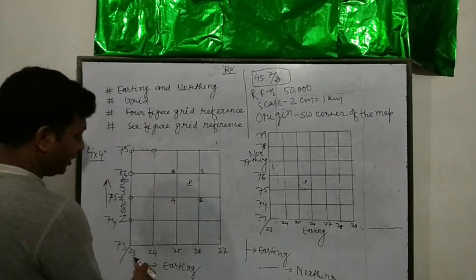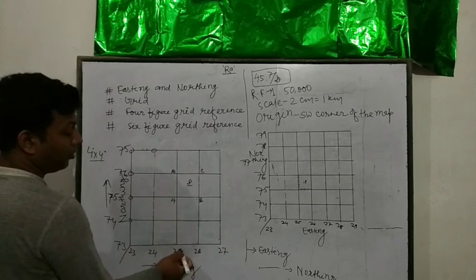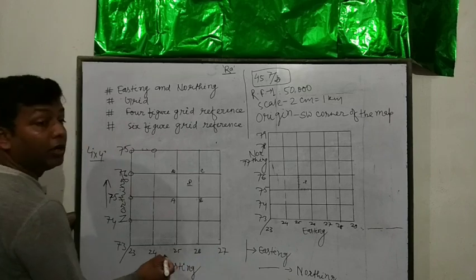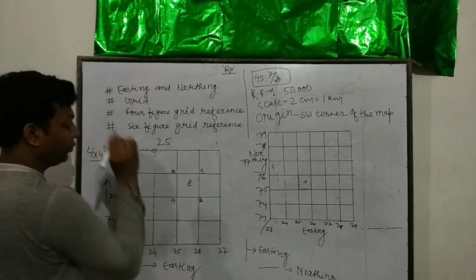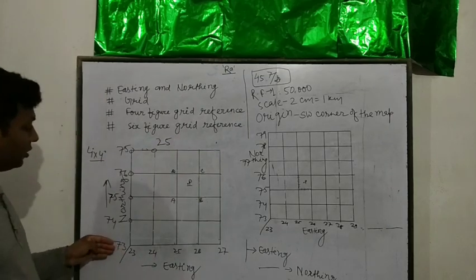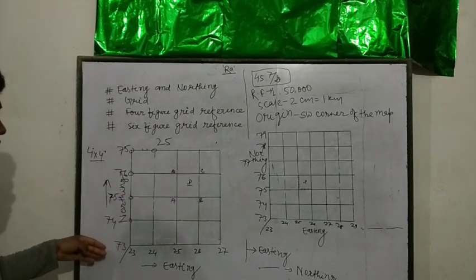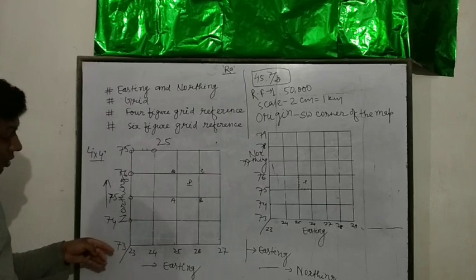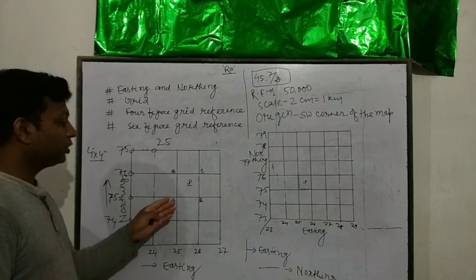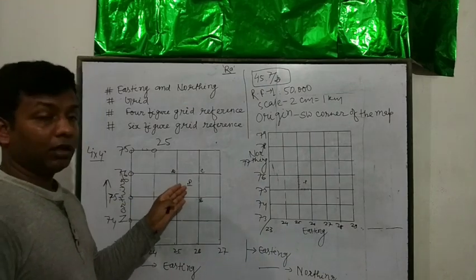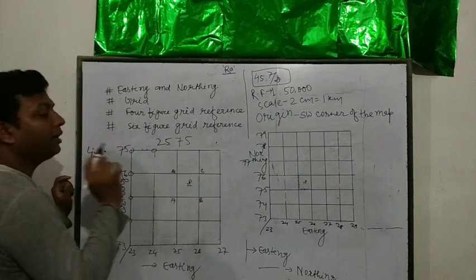From easting you measure 23, 24, 25, and P is between 25 and 26, so you write 25 here. And from here, where is the northing of P? Then you can read it like this, 73, 74, 75, and P is between 75 and 76. So you write 75 here. This is the 4-figure grid reference.